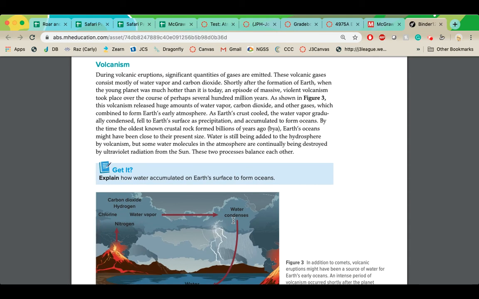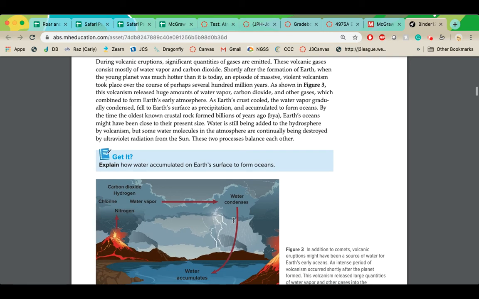Volcanic eruptions bring up things other than lava, including water vapor, carbon dioxide. And so water from deep inside of the earth can come to the top because of volcanic eruptions.